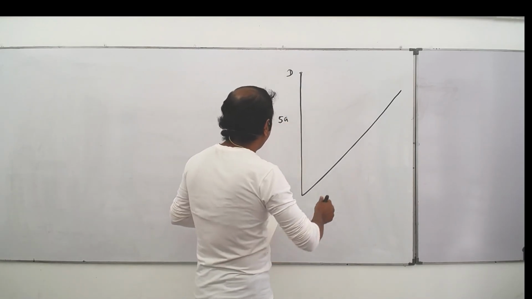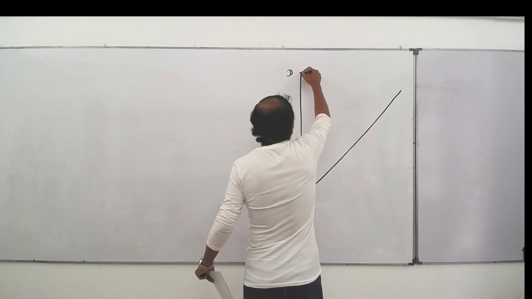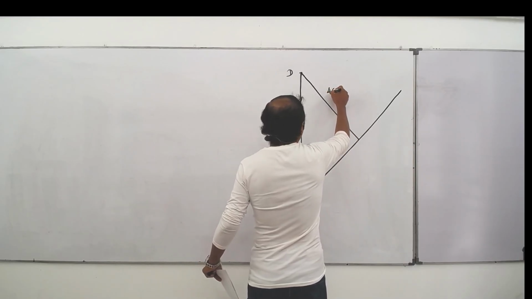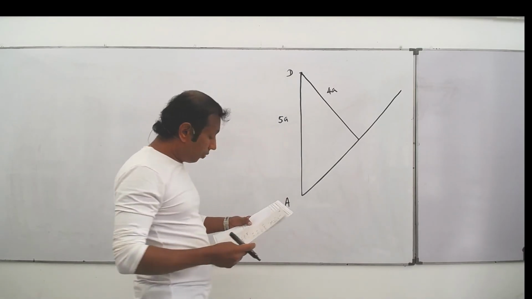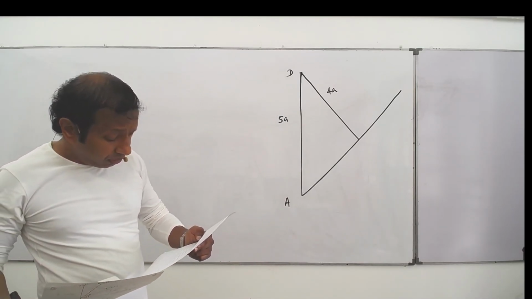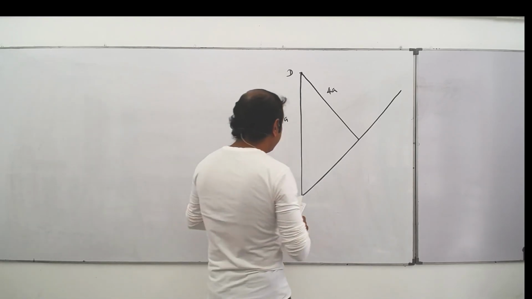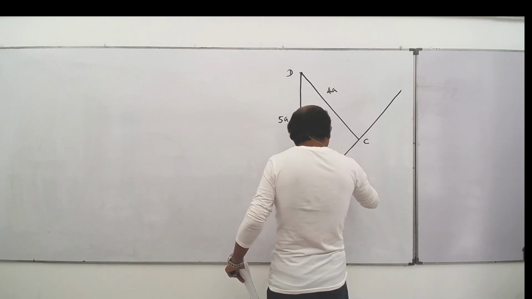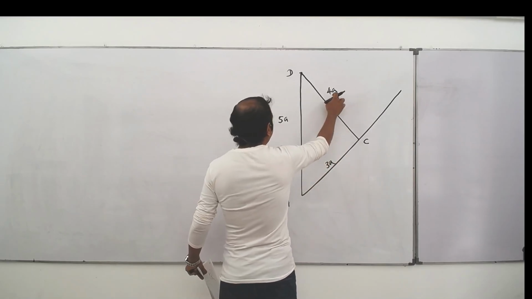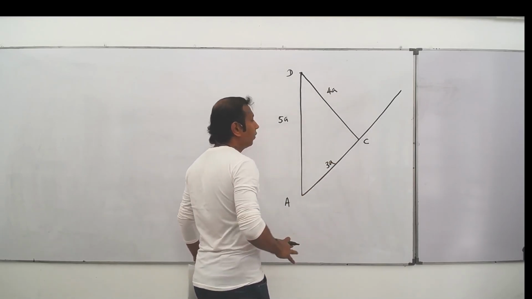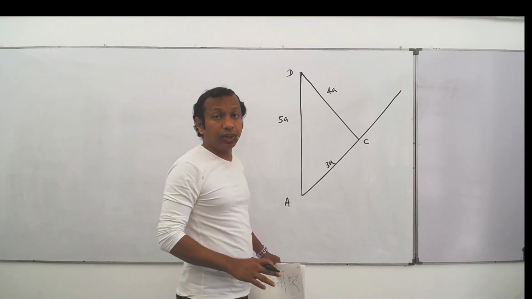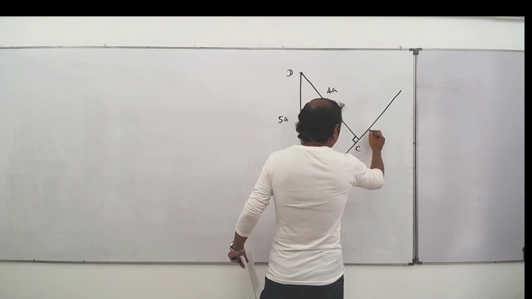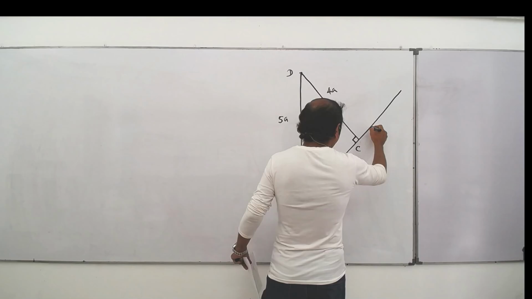The string has length 4A. This is 4A. And also AC is 3A. Here this is the point C. This is 3A. 3A, 4A, 5A. That means this triangle obeys the Pythagoras theorem. So therefore it is a right angle triangle. This is a right angle triangle here, 90.